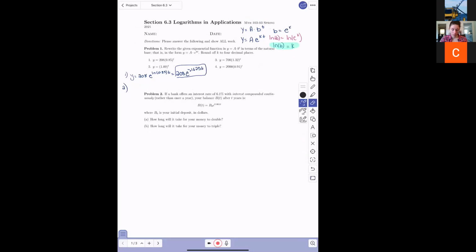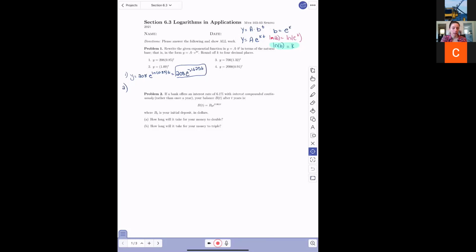Yep. So we're going from this form here, y equals a times b to the power t, to y equals a times e to the power kt. In order to do that, last class we took e to the power k and we figured out that's equal to our b value in this first equation.